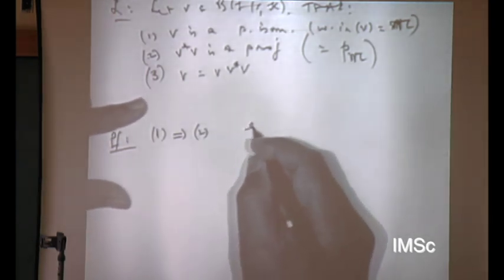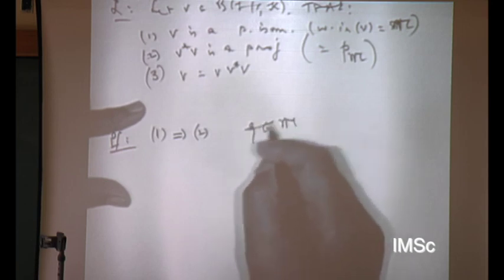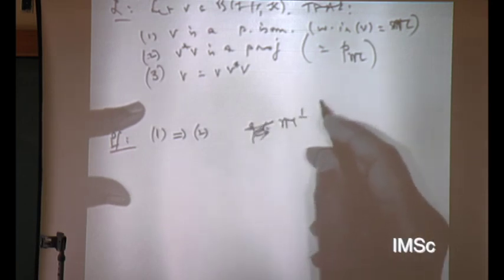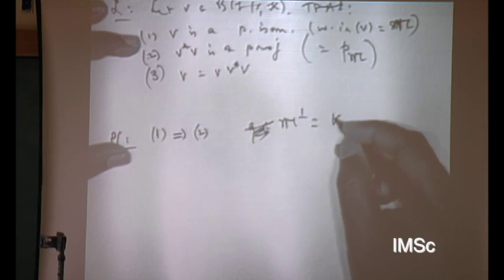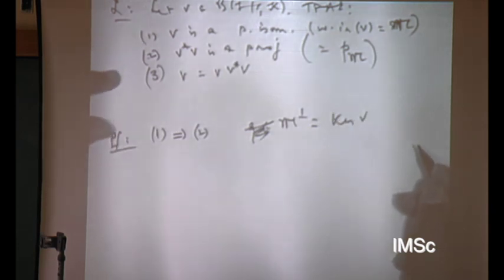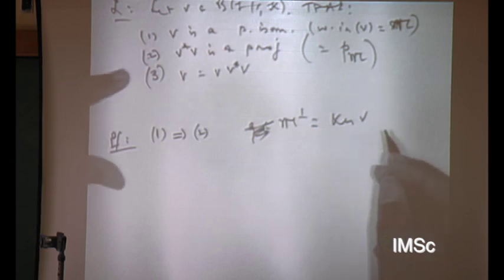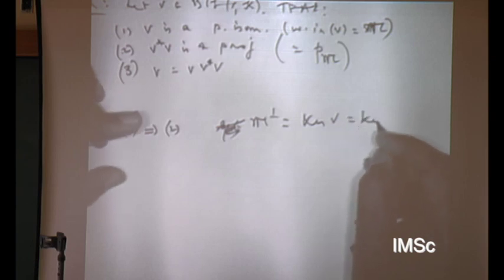So, xi in M perp, because you assume it's a partial isometry, that is equal to kernel of V, which is equal to kernel of V star V.